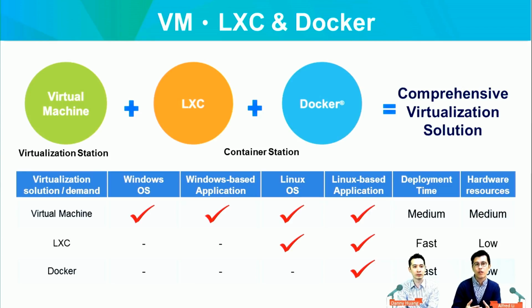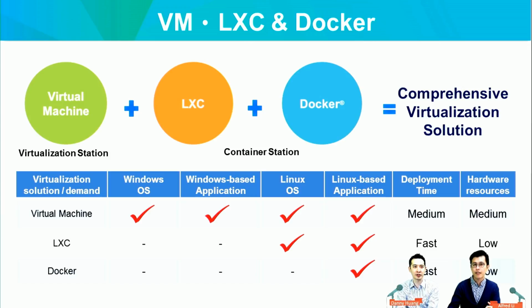And if you are talking about Linux-based applications, you can also choose Docker. For the hardware resources, for the VM it will be medium because they need to run a whole operating system. But if you go for container service, it requires less because it's just running the service, since they share the host kernel.